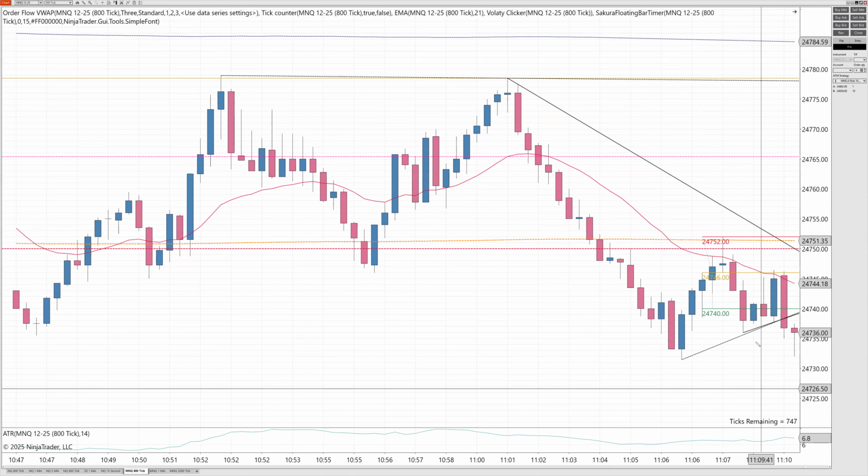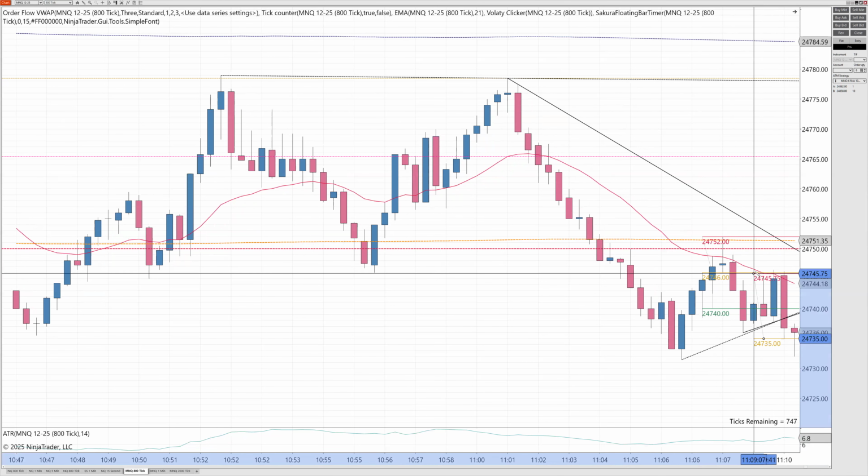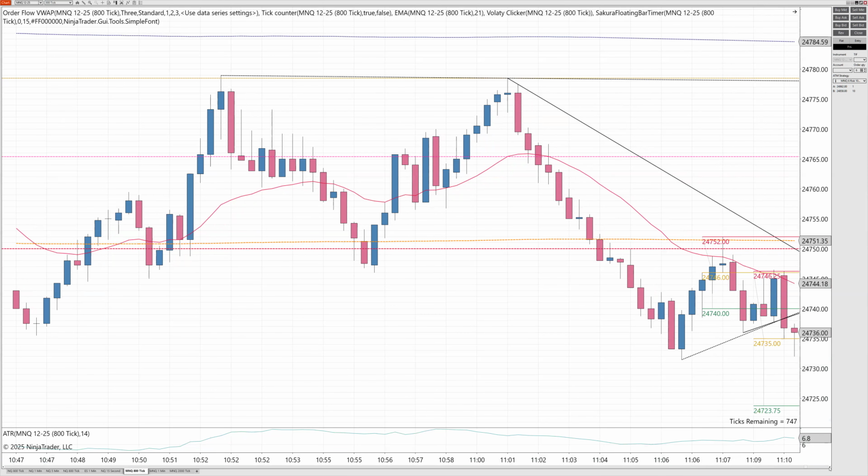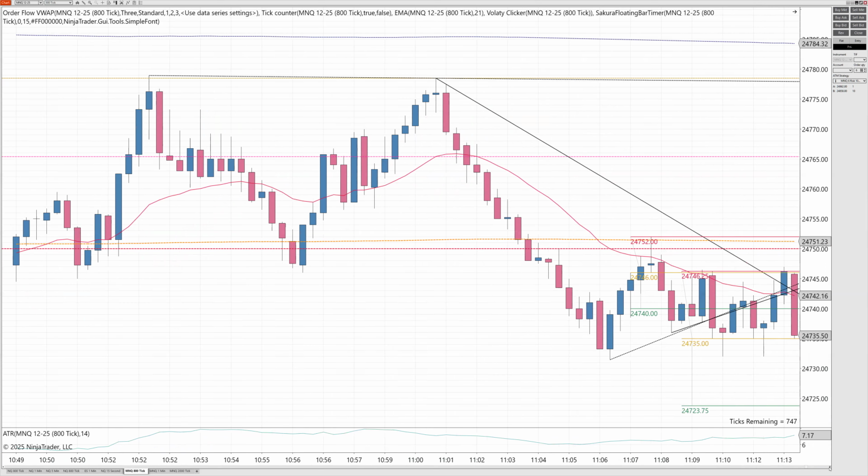We do get it. And notice we didn't get stopped out here because I usually put my stop loss a whole point and a quarter above it. So technically we're still in this trade.